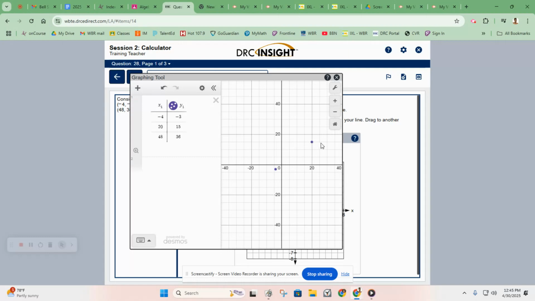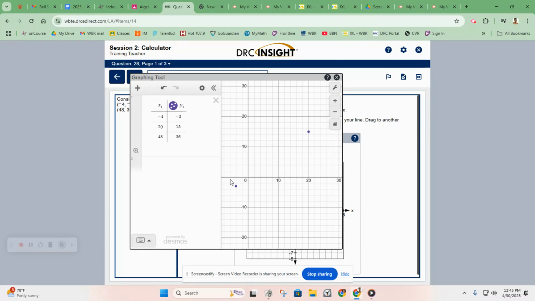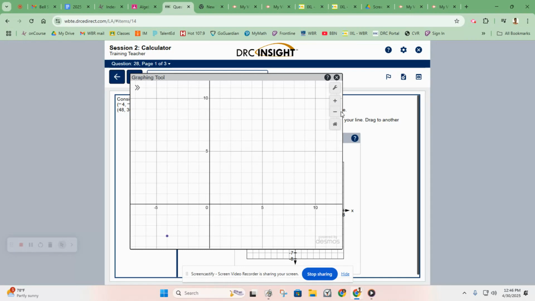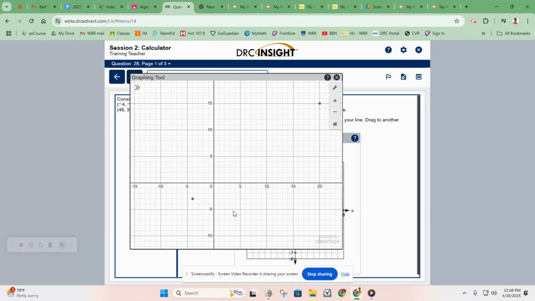What I need to find, in order to calculate where my next point is going to go from this (-4, -3), is how much I rise, how much my Y values change and my X values change, to determine my slope. I first need to make sure I see what they're counting by. I can see that they're actually counting by, if I zoom out, they're still counting by ones to get to this next point.